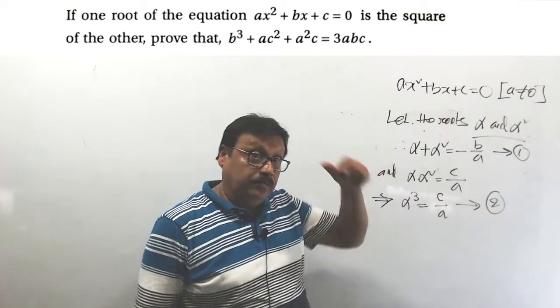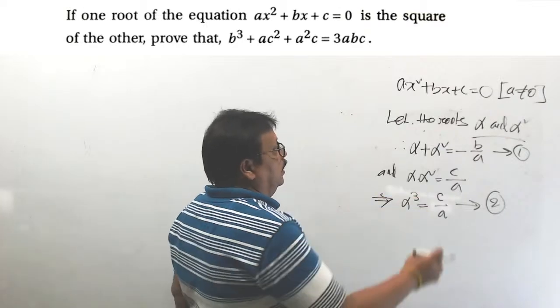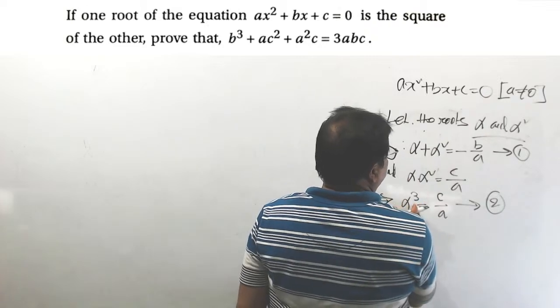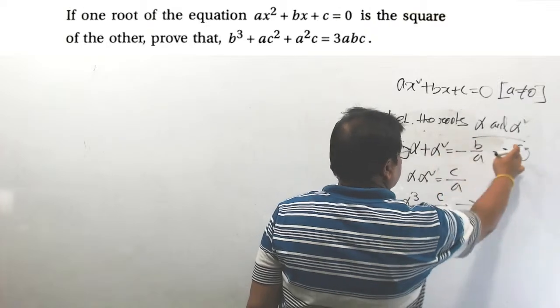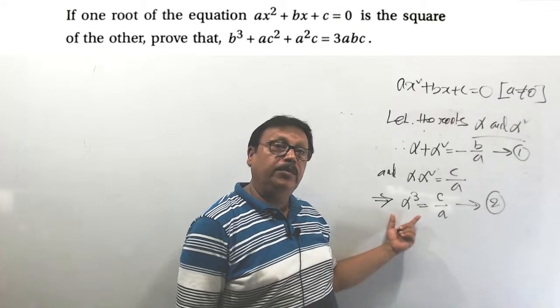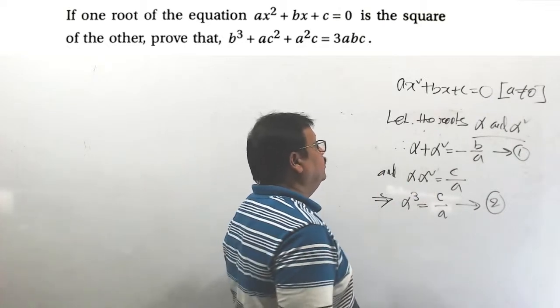Now what to do? Between alpha cube equals c by a and alpha plus alpha square equals minus b by a, that is between 1 and 2, you have to eliminate alpha. Anyhow, eliminate alpha, then you will get the relation. How will you eliminate?